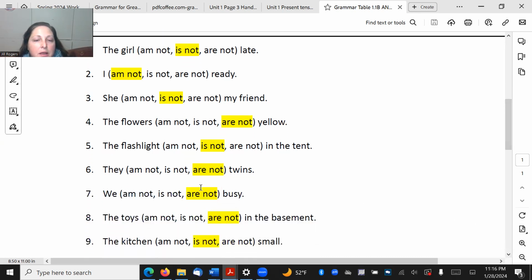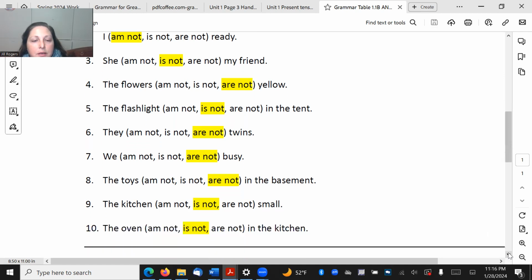Number 6, they are not twins. Number 7, we are not busy. Number 8, the toys are not in the basement. Number 9, the kitchen is not small. Number 10, the oven is not in the kitchen.